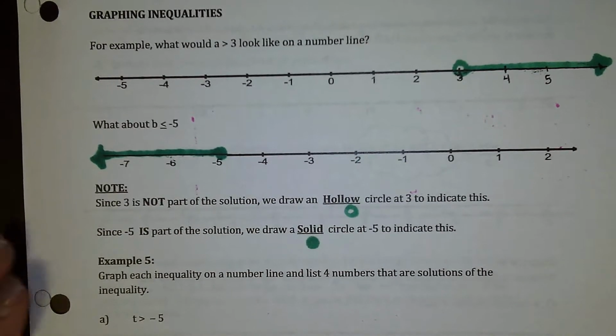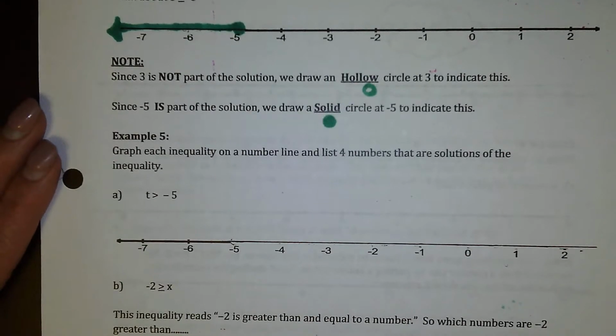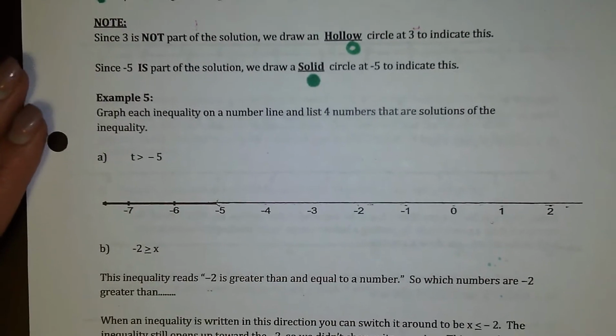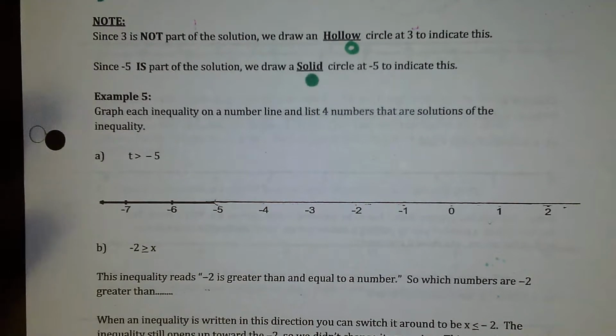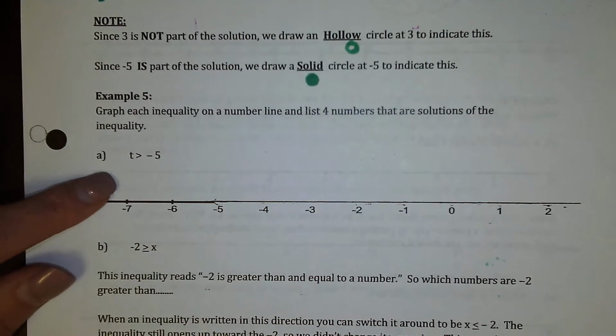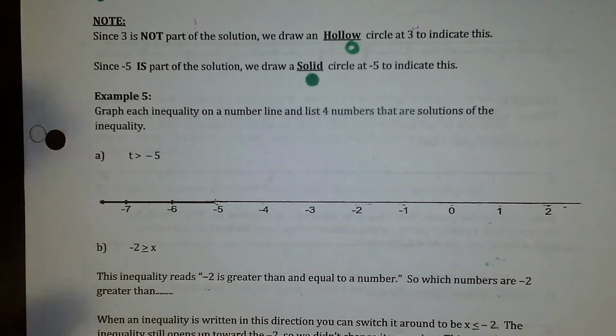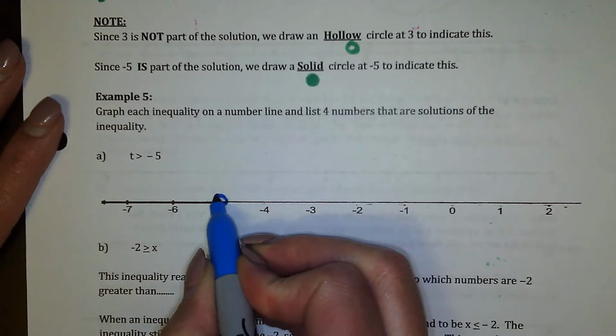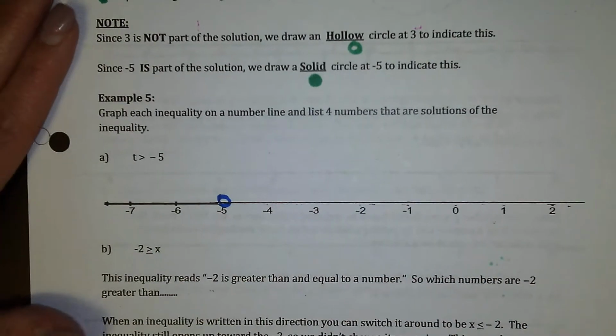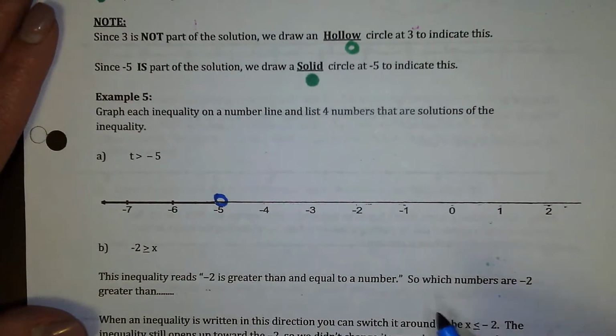Okay, a couple more examples for you. I will run through these quickly so you get the idea. For values like t is greater than negative 5, I'm going to find negative 5. This is going to use a hollow circle because it's not equal.